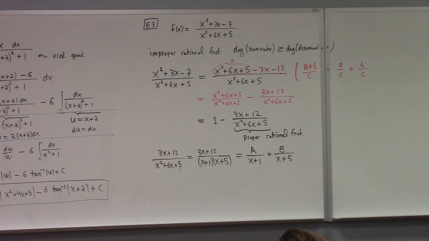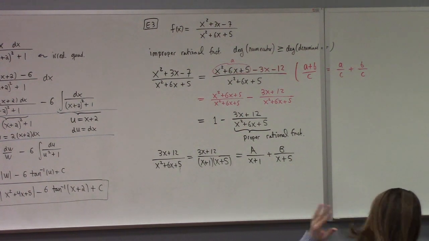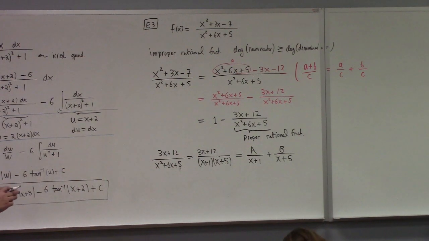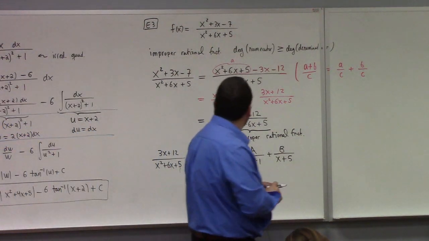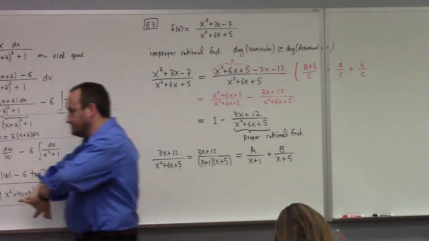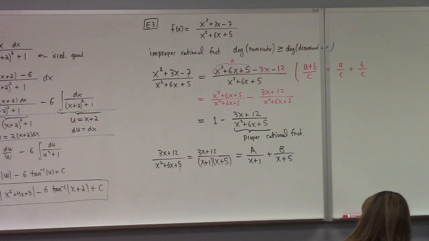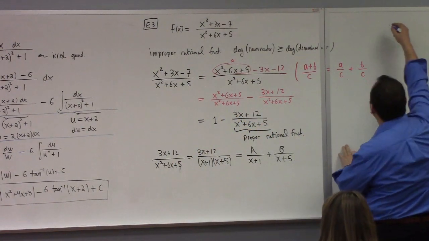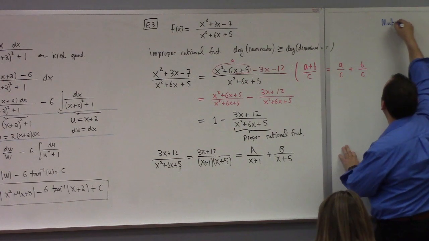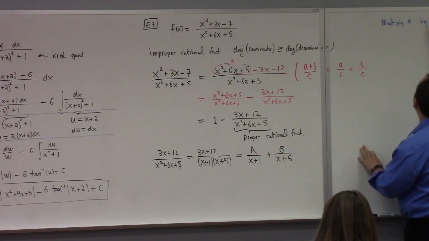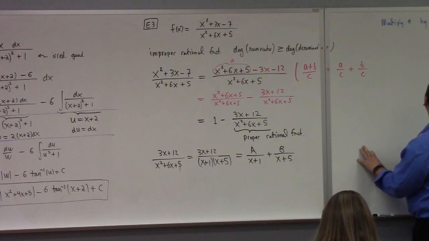I find A and B exactly as I did in example 1, focusing on the part that I'm manipulating, right? The 1 out front doesn't have anything to do with it, and I'm ignoring the minus for the moment. Right? I'm going to need to put that minus back in before I can actually finish the integration if I want to. Okay. So multiply star by x plus 1 times x plus 5.